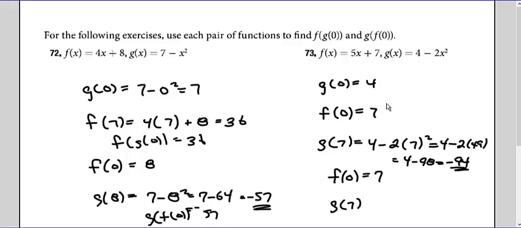Okay, now going back to do the last one here, g of f of 0. So f of 0 is 7, and then we do g of 7, which is 4 minus 2 times 7 squared. Something doesn't seem right here. g of 0 is 4. I still got that one wrong.